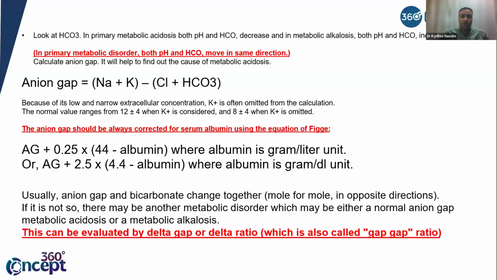And we have two equations here, one if the albumin is provided in gram per liter, or in gram per deciliter. So we have calculated the anion gap and corrected anion gap. So let's go to the next high yield topic, which is the gap ratio or the delta ratio.